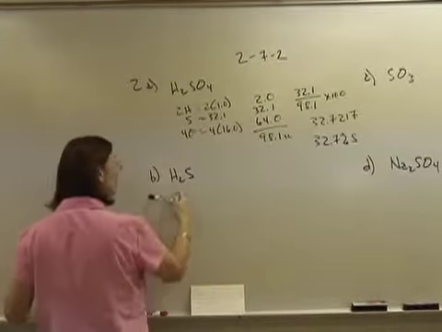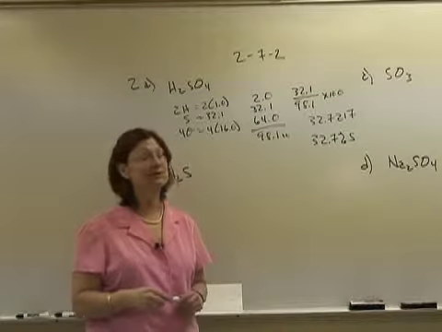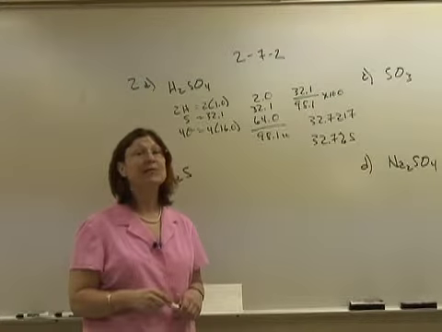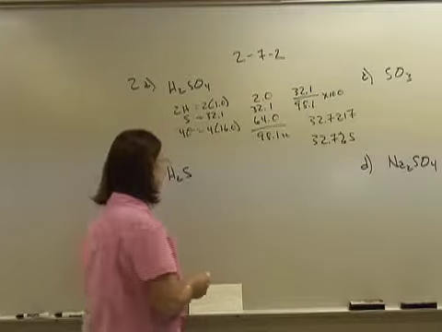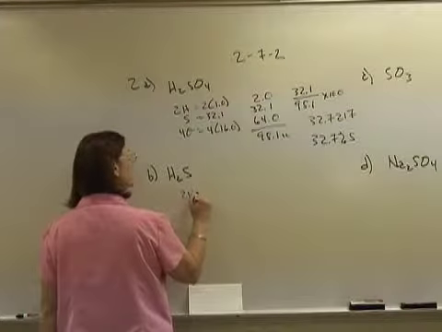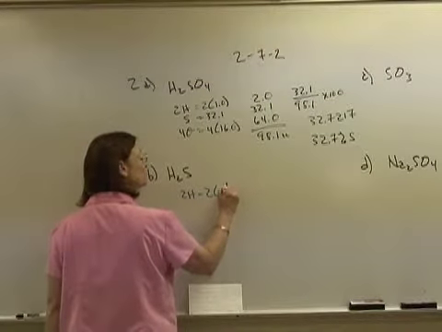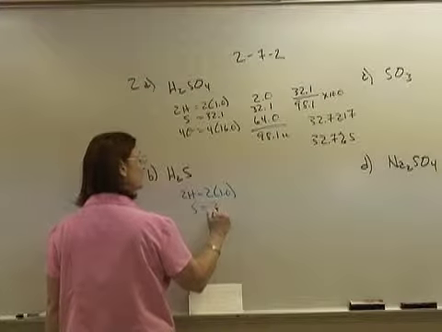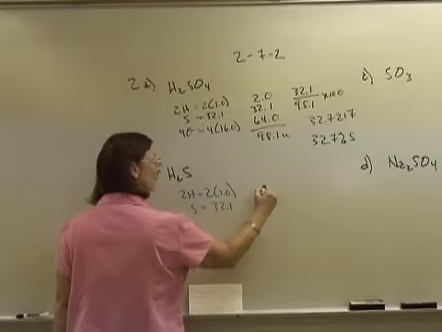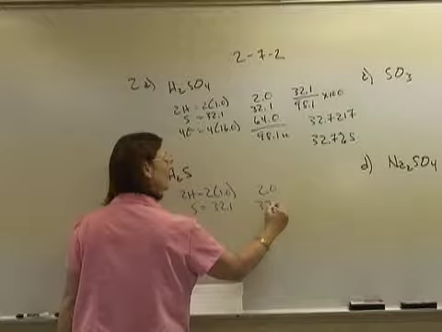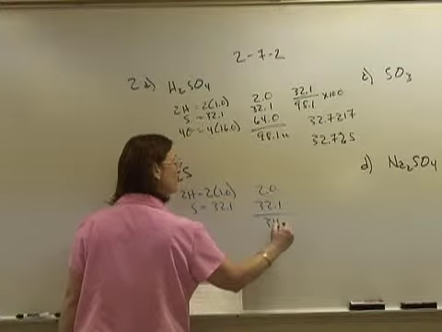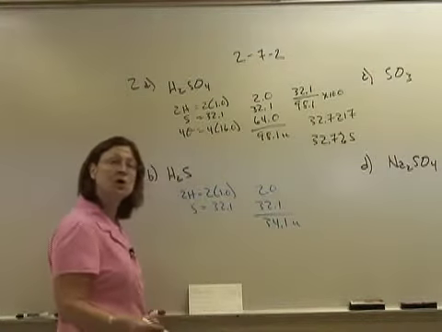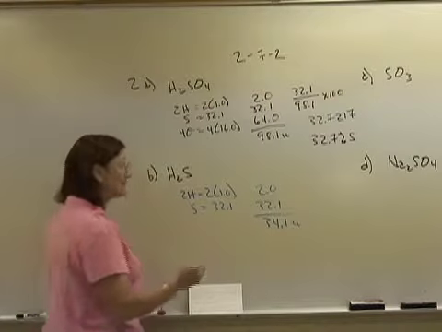Now, in the second one, hydrosulfuric means there's no oxygen in this compound when you have hydro-ic. I have 2 hydrogens, which is 2 times 1.0, and sulfur is 32.1. I write it again, and therefore I get 34.1 AMU as the total gram formula mass.